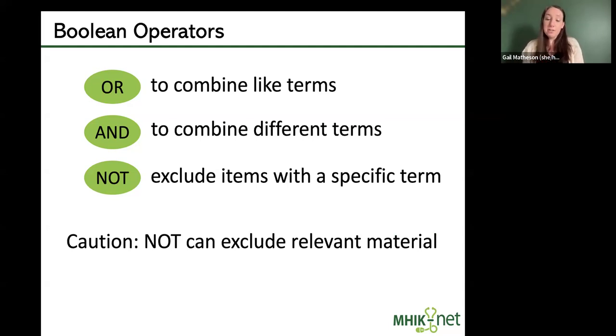But if I'm making a comprehensive search string, it's not something I will use. Best practice would be to add another term in with OR, or to use some of the filters that we talked about on the left-hand side of PubMed, with date and a specific document type, so that you're not excluding relevant material.